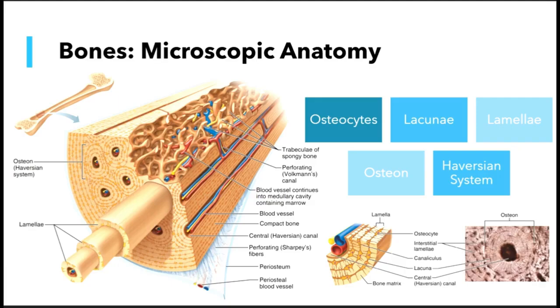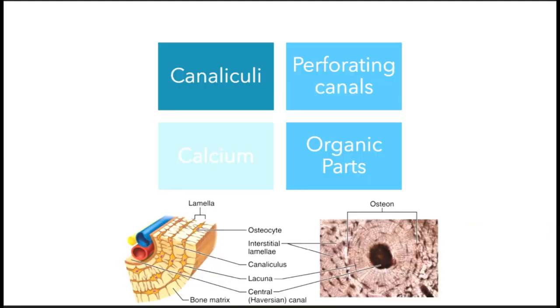Each complex consists of a central canal and matrix rings, and they are called your osteons. And the last term we have here is your Haversian system, or the osteon itself. The osteon or Haversian system is the structural and functional unit of compact bone.